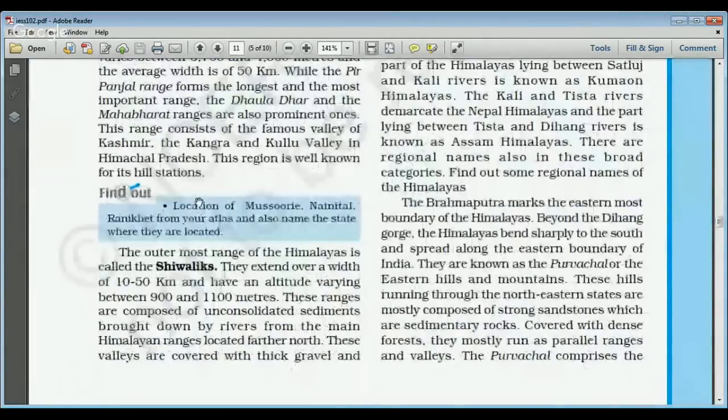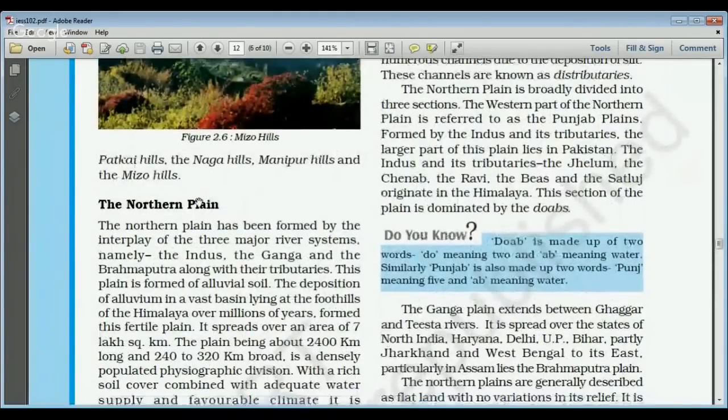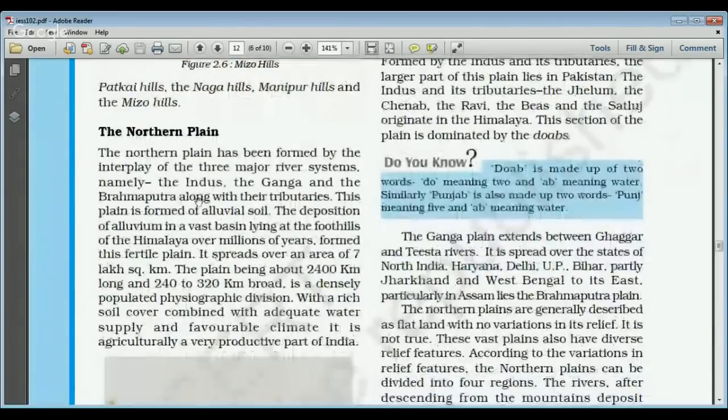The second most important physiographic division of India is the Northern Plain. It is formed by the interplay of three major river systems, that is the Indus, Ganga, and Brahmaputra, plus their tributaries. This plain is formed of alluvial soil, by the deposition of alluvium in a vast basin or depression lying at the foothills of the Himalaya over millions of years.